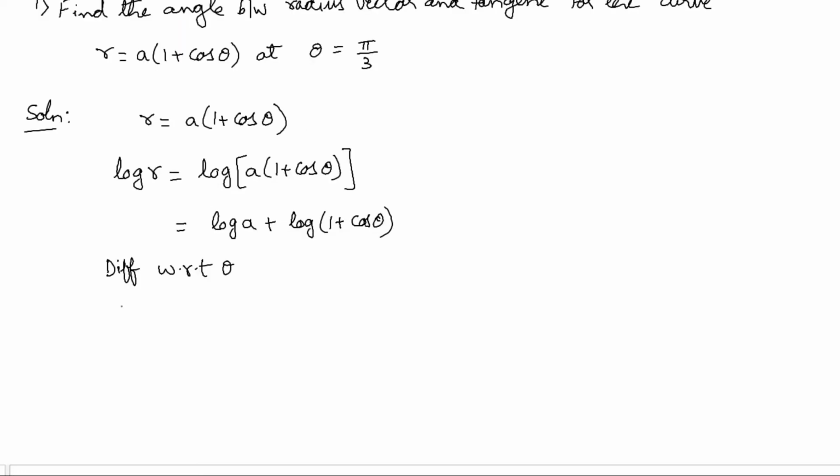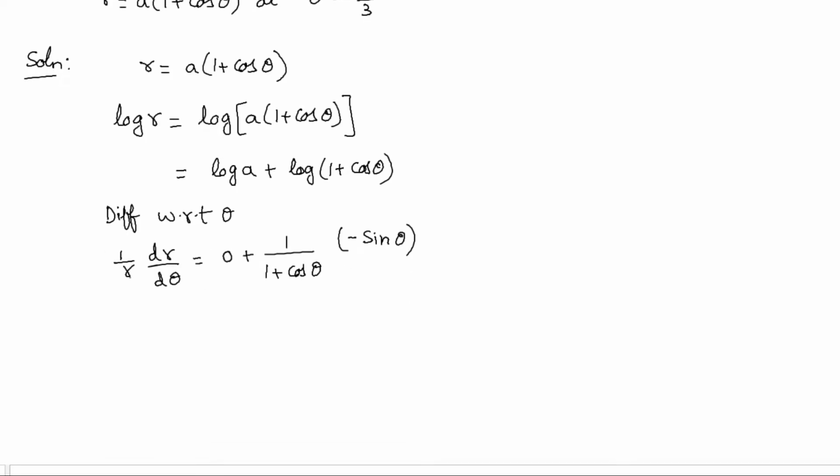Derivative of log of r will be 1 by r into dr by d theta is equals to log a is a constant, its differentiation will be 0, plus differentiation of log of 1 plus cos theta will be 1 by 1 plus cos of theta into differentiation of 1 is 0, differentiation of cos theta will be minus of sin theta.